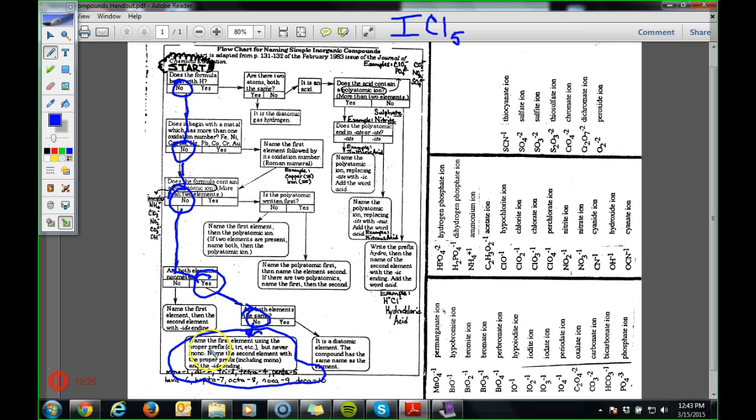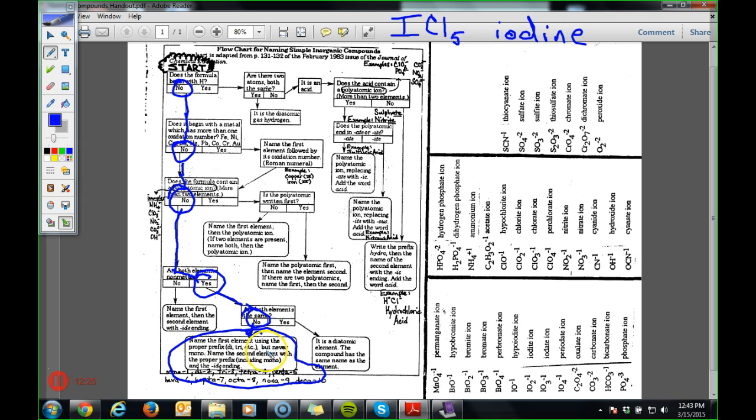Name the first element using the proper prefix, but never use mono. Well, we have 1 iodine, and mono is 1, but we don't use mono. So we don't say monoiodine, we just say iodine.